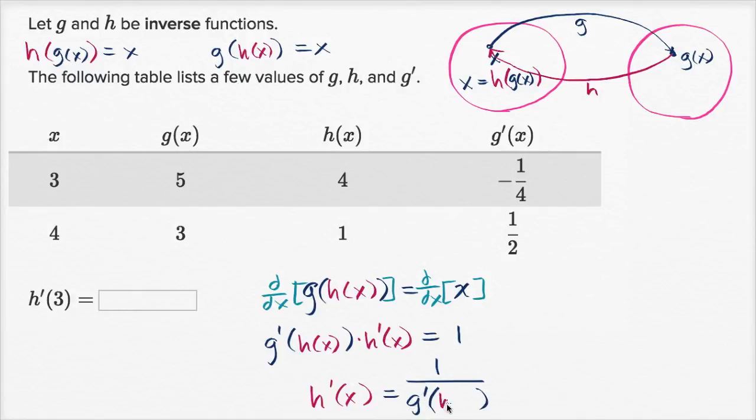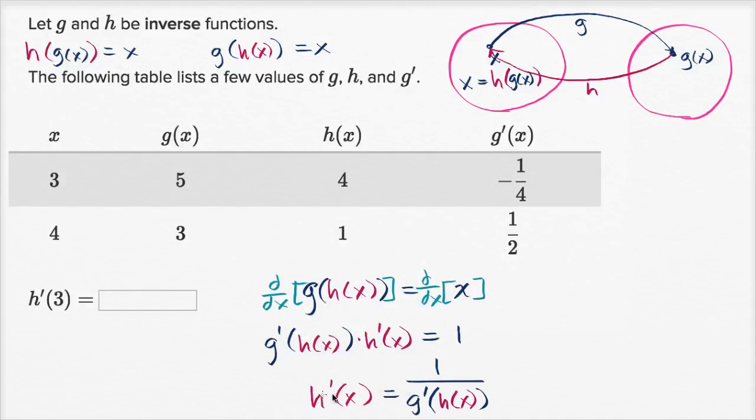Now, in some circles, they might encourage you to memorize this, and maybe for the sake of doing this exercise on Khan Academy, you might want to memorize it. But I'll tell you, almost 25 years after I took calculus, this is not something that I retain in my long-term memory, but I did retain that you can derive this from just what the definition of inverse functions actually are.